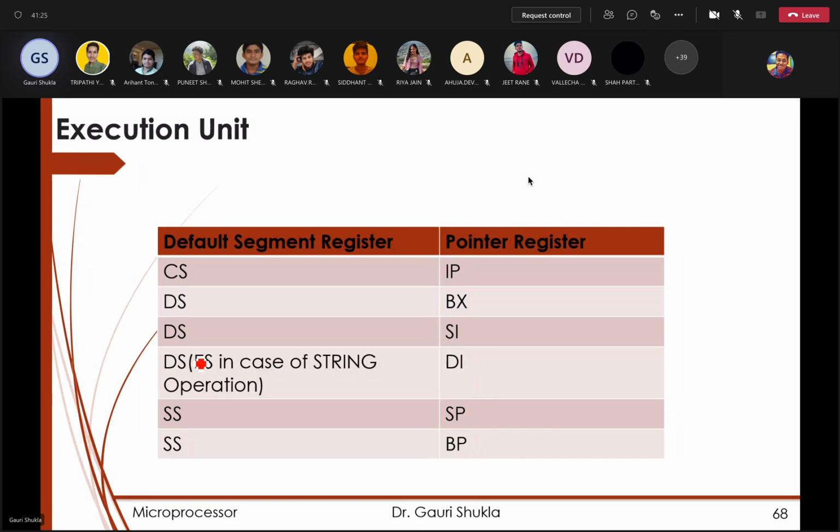And DI is used with ES in case of string operations. With the stack, I have stack pointer and base pointer. The stack pointer moves sequentially, for sequential access of the stack, and base pointer is for random access of the stack. Clear with this part? Please remember these things, and as we move ahead, we are going to utilize them.